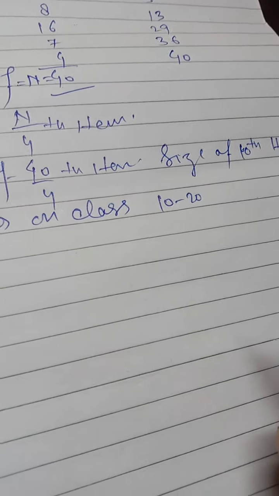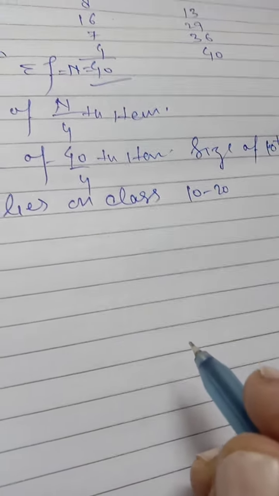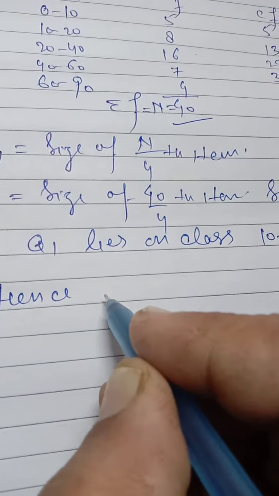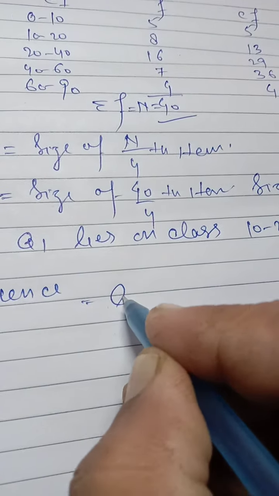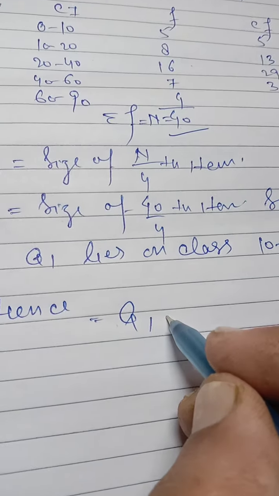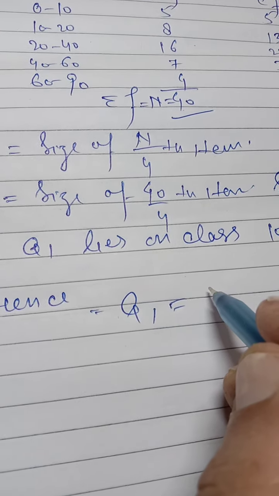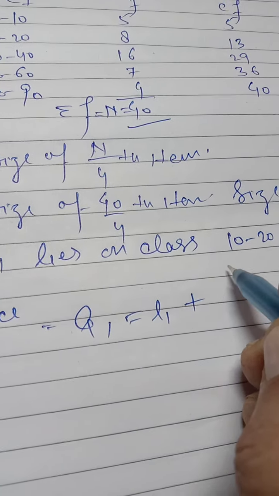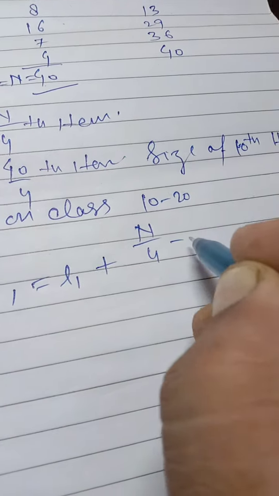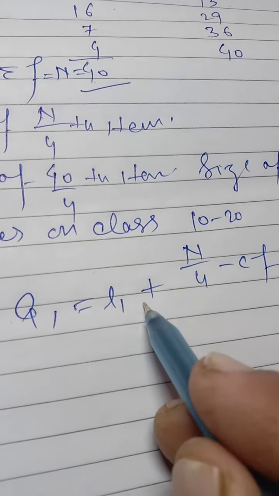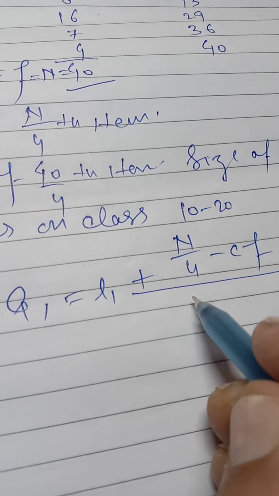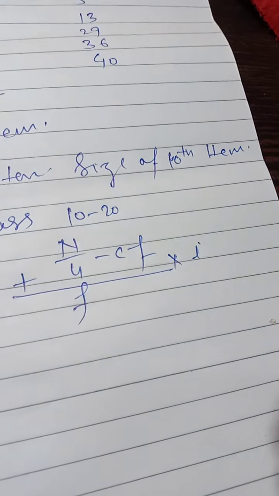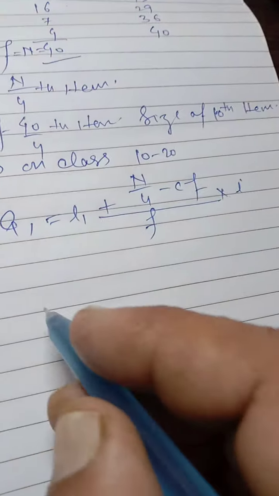Hence, Q1 is equal to L1 plus N upon 4 minus CF upon F into I.